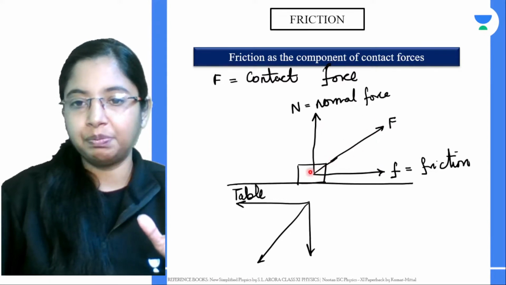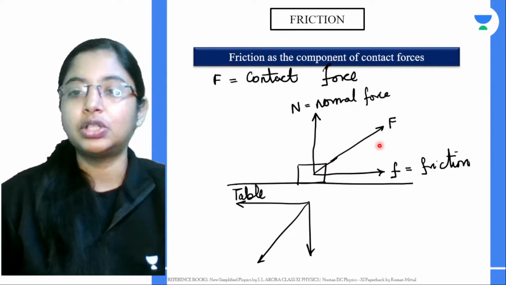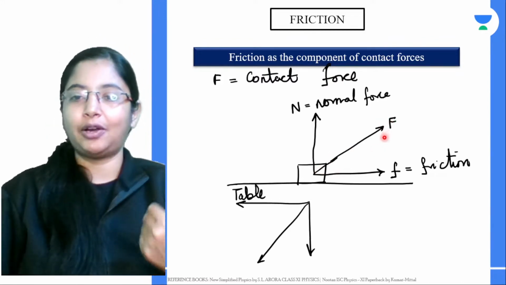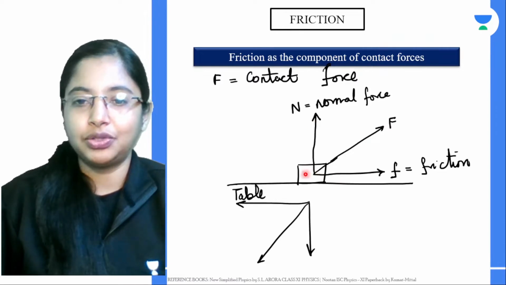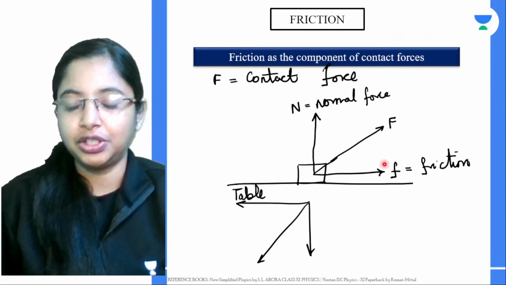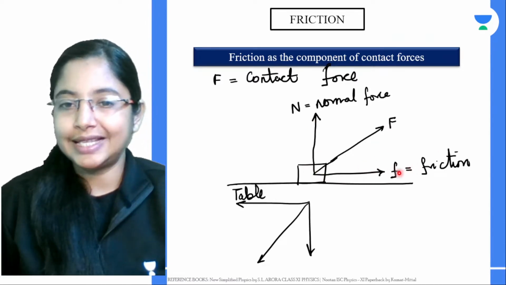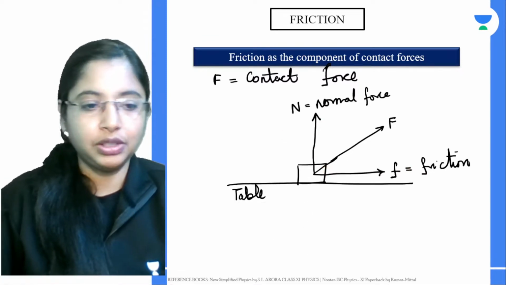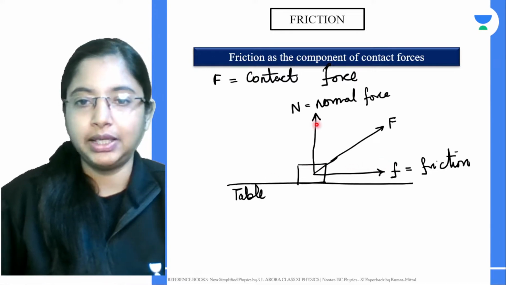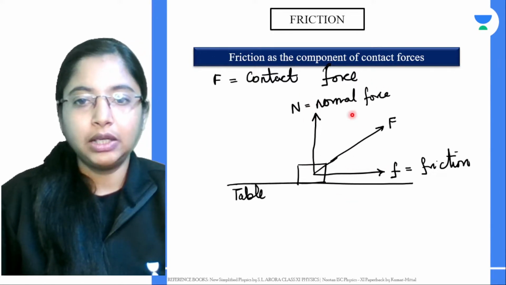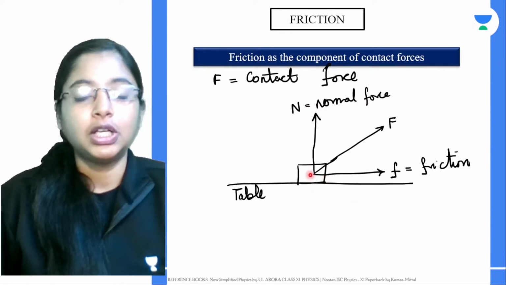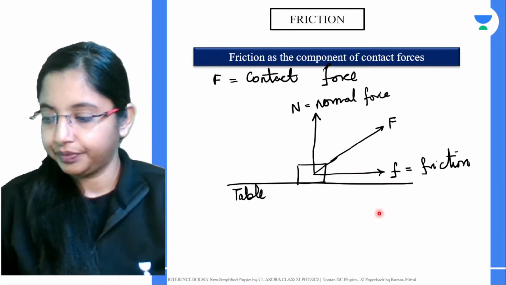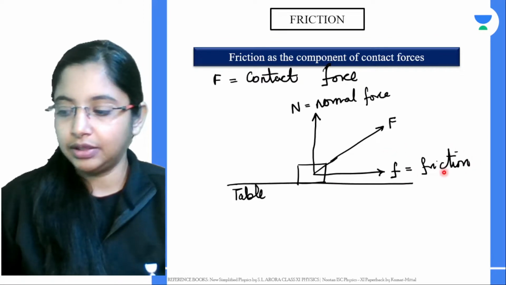If this particular force is along the diagonal of your parallelogram, then you can resolve the two sides: the friction force along the x direction and your normal force along the y direction. So you have two forces, one along the horizontal component and one along the vertical component. The vertical component, in this case, we call the normal force. The horizontal component, the component which is parallel to the surface, is actually called the frictional force.